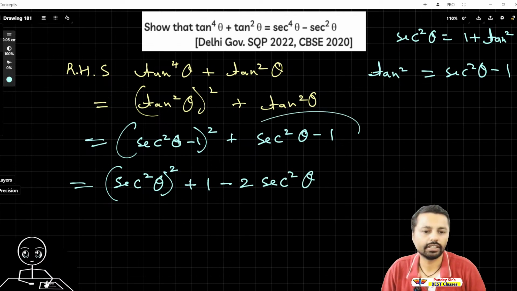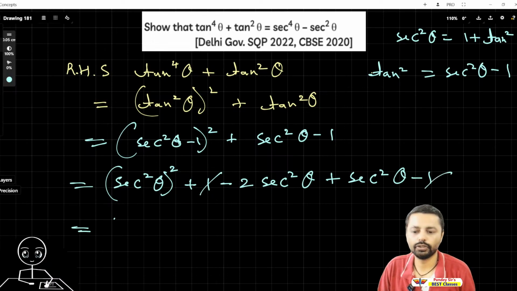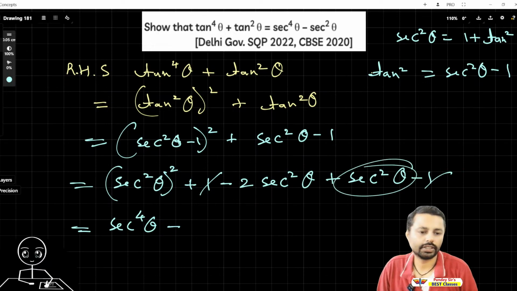This is how we'll write. Then this thing plus sec square theta minus 1. Now 1 and minus 1 will get cancelled, and square and square will get multiplied, and we get sec to the power 4 theta minus 2 sec square theta plus sec square theta.